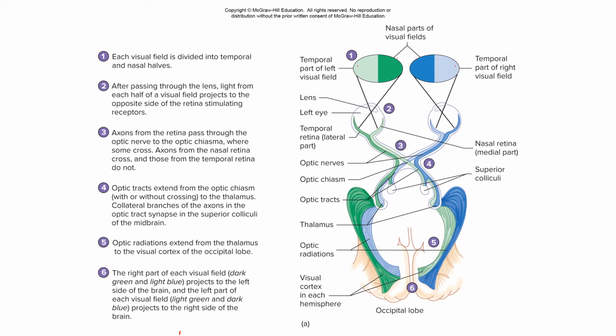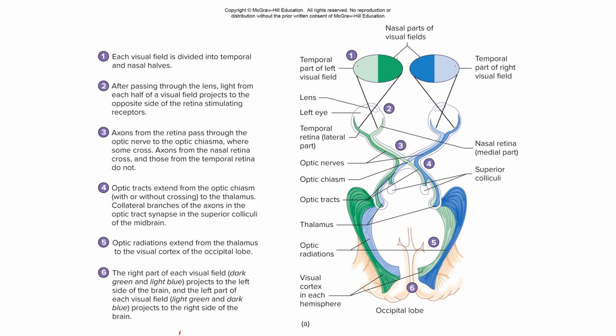Okay? So, optic tracts extend from the optic chiasm with or without crossing to the thalamus, and then collateral branches of the axons in the optic tract synapse into the superior colliculi of the midbrain. So now, after crossing the optic chiasm, you now develop an optic tract, and then these are the superior colliculi of the thalamus or the midbrain.